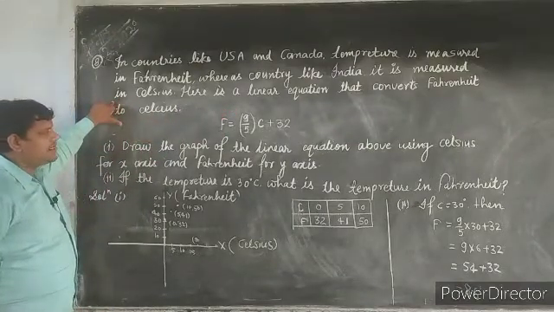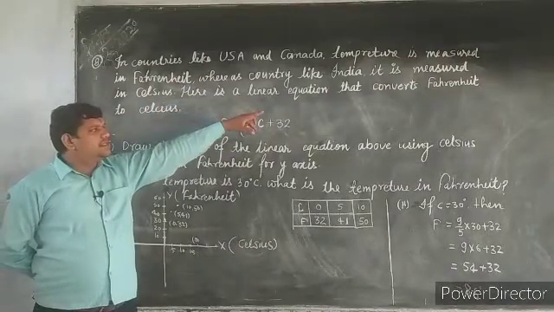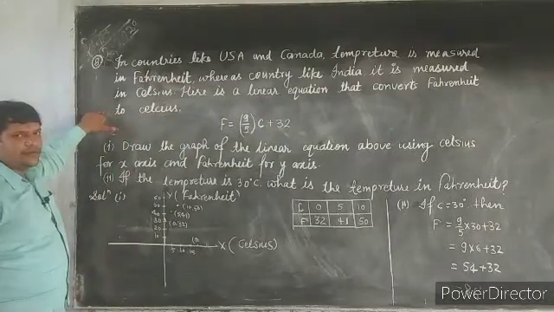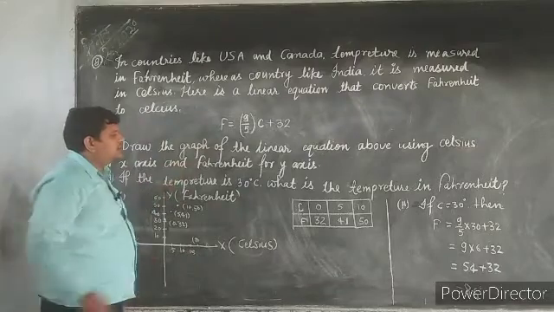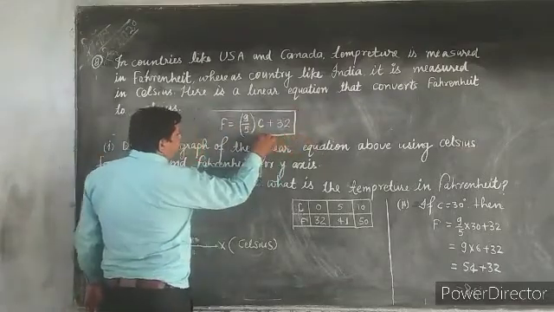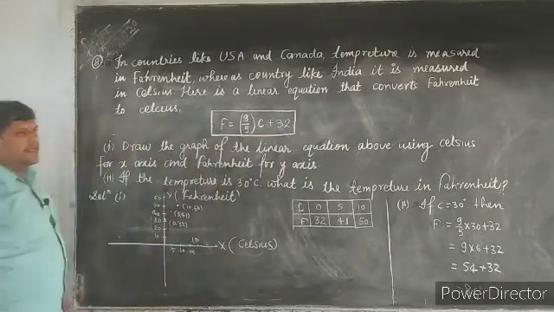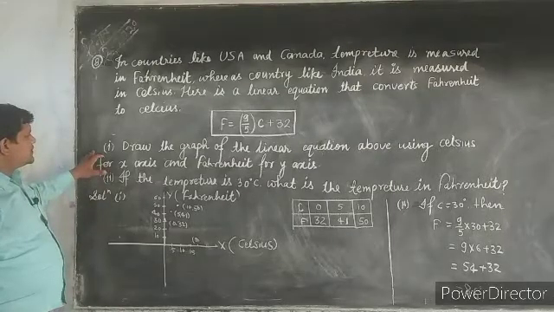Here is a linear equation that converts Fahrenheit to Celsius. You can use this formula to convert Fahrenheit to Celsius or Celsius to Fahrenheit, that is F is equal to 9 upon 5 C plus 32.